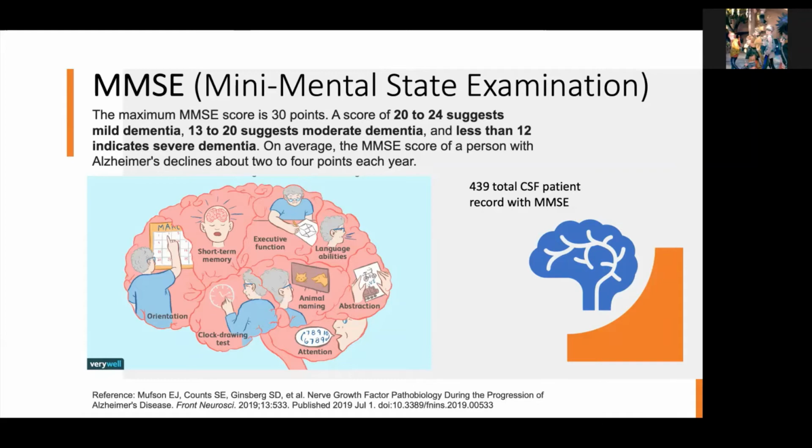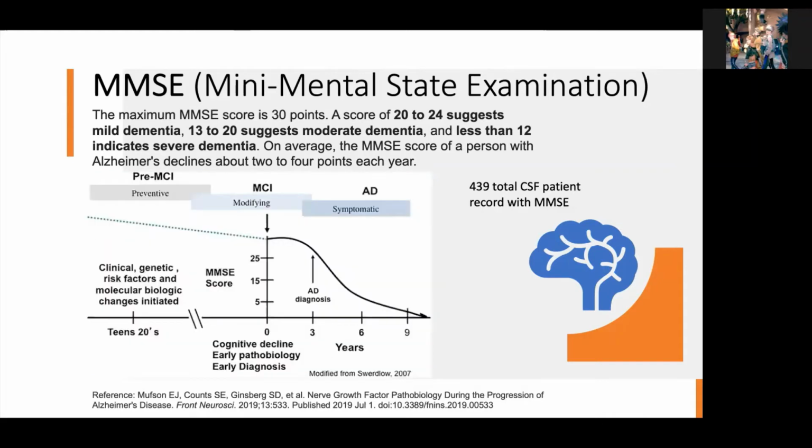This is a kind of diagram that we would usually see. Another thing I think is interesting that I previously didn't know is the pre-MCI stage, which actually starts around 20 years earlier than the onset of AD, which is really important for the pre-diagnosis purpose of what we are doing. Yeah.